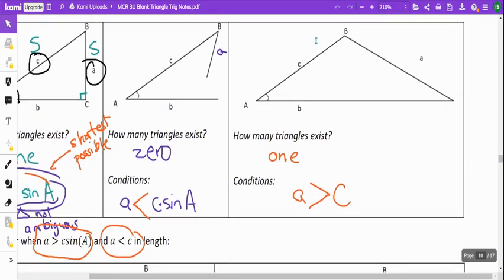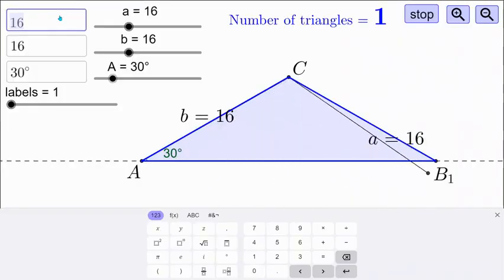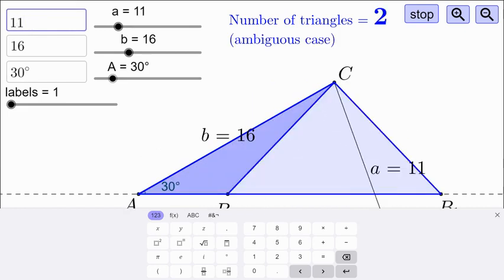Now, let's look at the ambiguous case situation. First of all, I want to see when A is, okay, let's make it 15.9. No, let's make it 11.